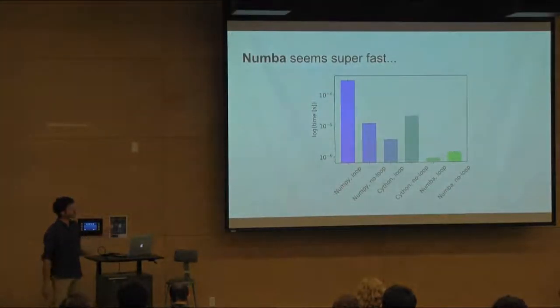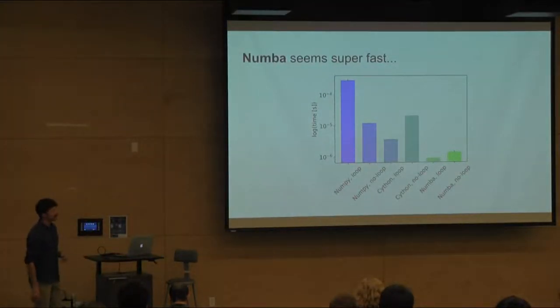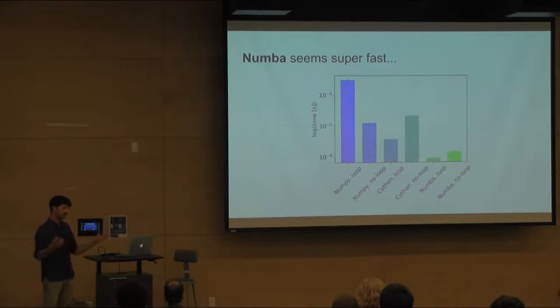And so what you see is that the simple Numpy loop takes the longest. But there's a couple of things that are interesting. The first one is that if you Cythonize your code and keep the loop, it's faster than if you use the broadcasting.